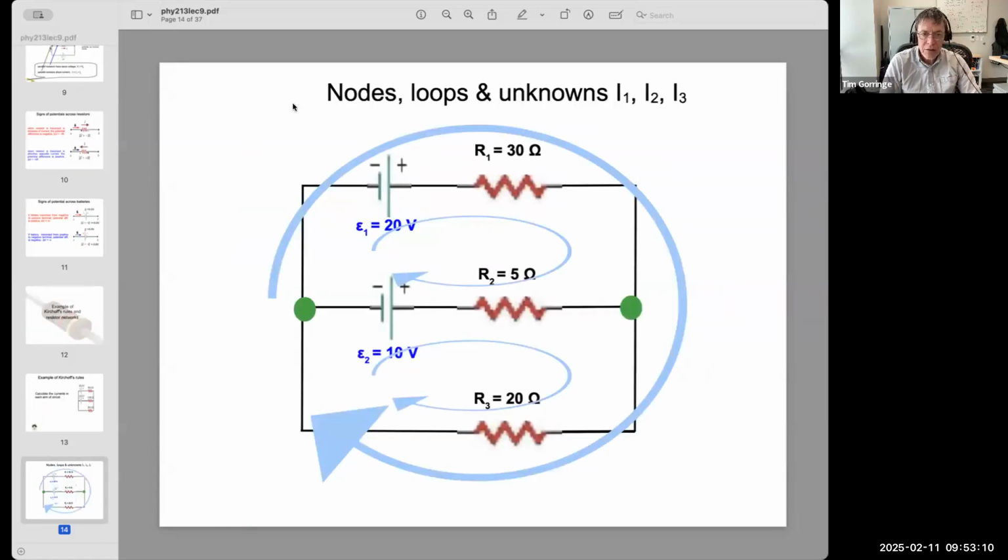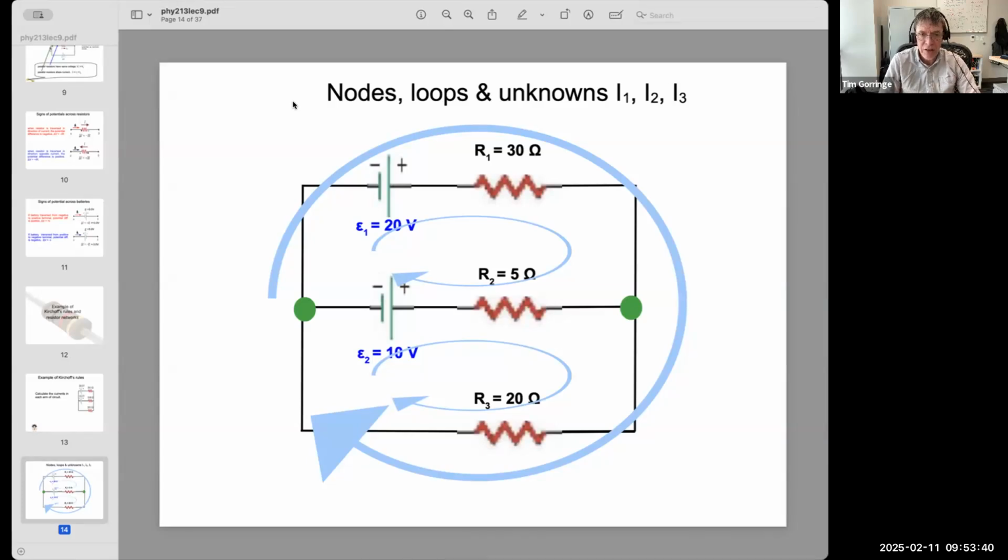Okay. So the first thing I did was to think about, in applying Kirchhoff's rules, in applying the voltage law, I'm going to apply it to complete loops within the circuit. And in applying the current law, I'm going to apply it to what I would call nodes or junctions in the circuit. So I just wanted to explore, well, for this circuit with these 3 arms, what are the nodes?